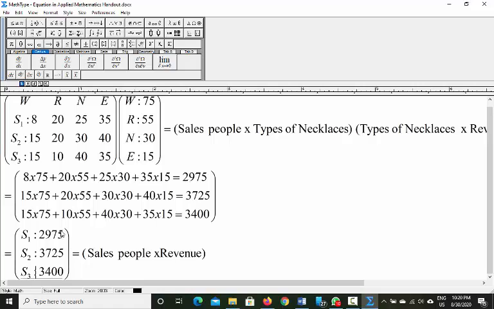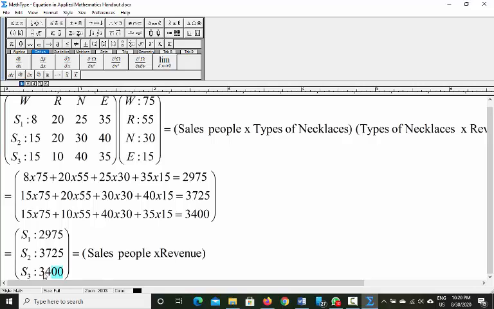And in the column we have the total revenue earned by each of the salespeople. The first salesperson is making a total revenue of 2,975. The second salesperson is earning a total revenue of 3,725.